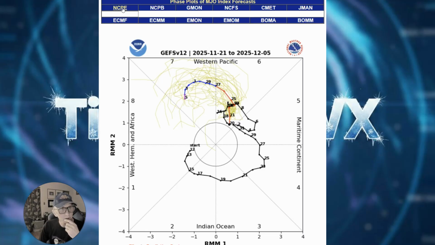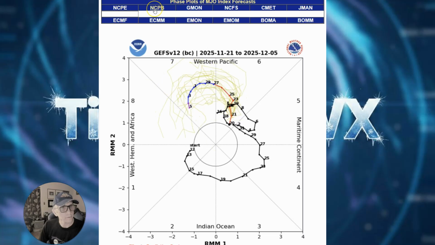So I'll have another update today sometime, kind of following what the GFS track is, all right? And this is the same one, the GFS with bias correction. The GFS likely has a known bias, and most models do. But it still projects the MJO moving eastward through the Western Pacific through the first part of December.